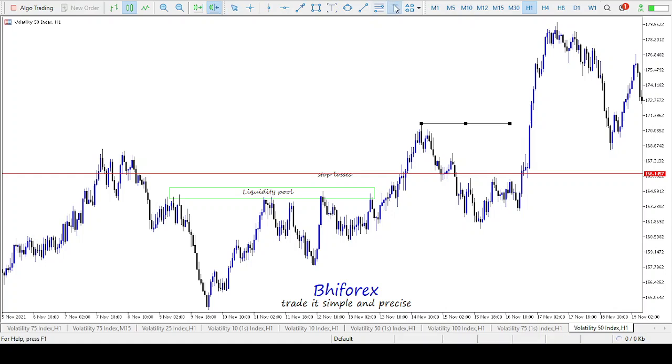So this becomes our buy stop, and if it's on the sell side, it will be your sell stop. Another name for this is buy side liquidity or sell side liquidity. So to keep it short, you can call it buy side, buy stop, or sell stop.